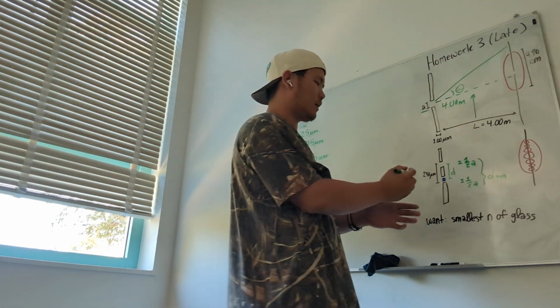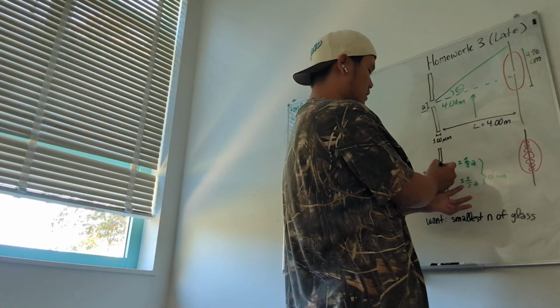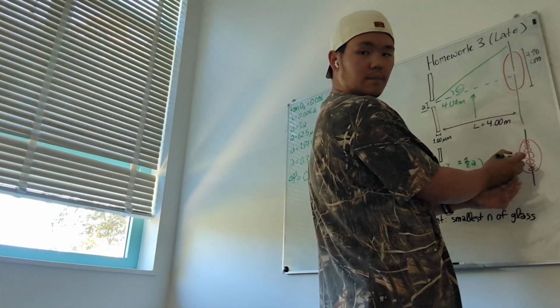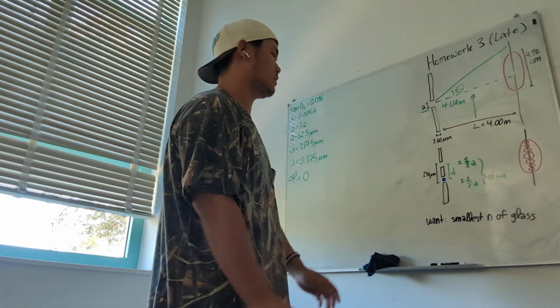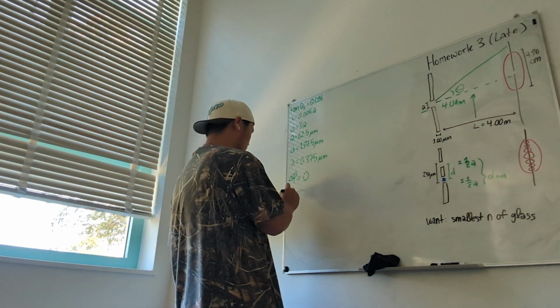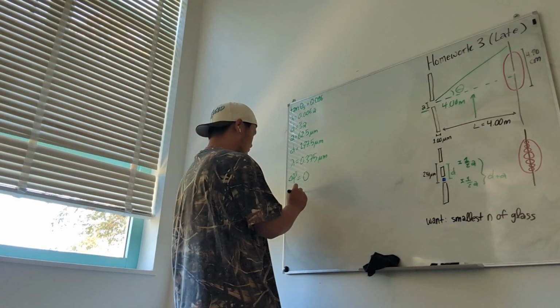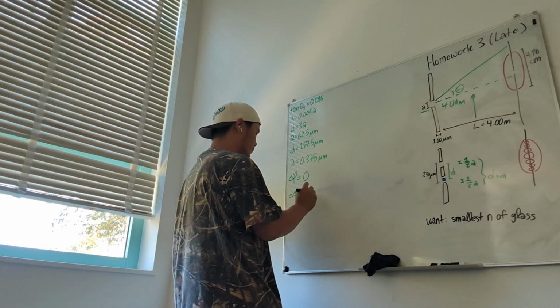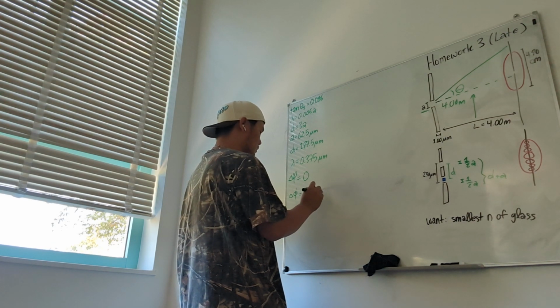Additionally, because the middle fringe is a bright fringe, the two outputs are in phase, so delta big phi is 0 or some multiple of 2 pi.